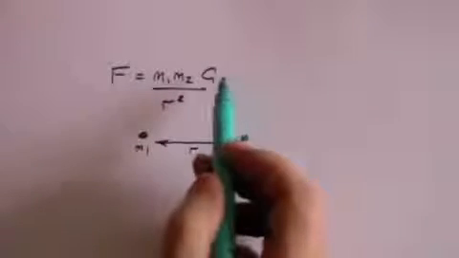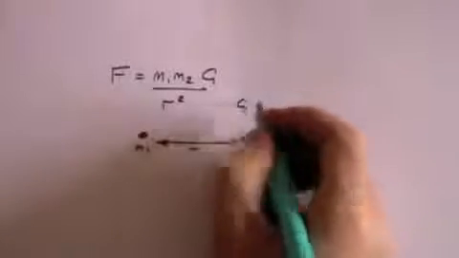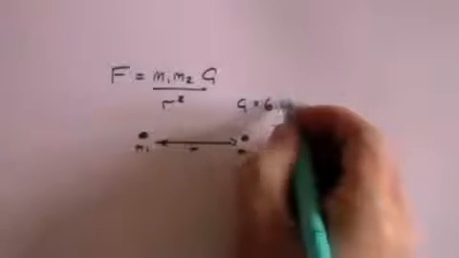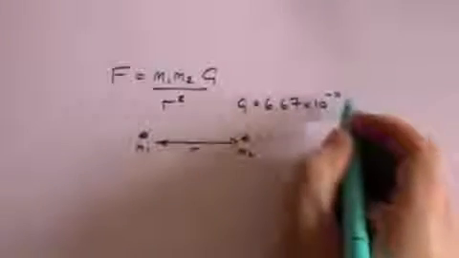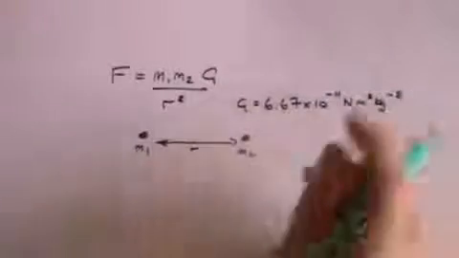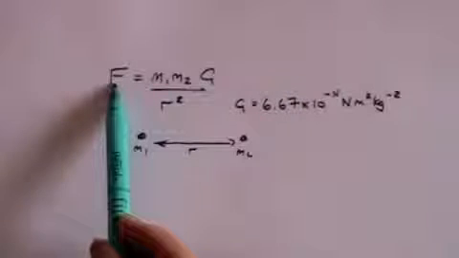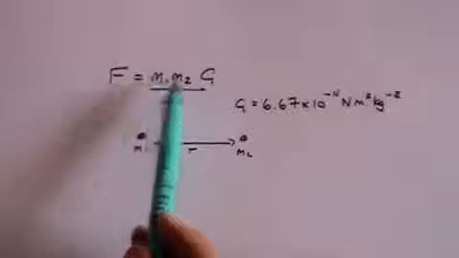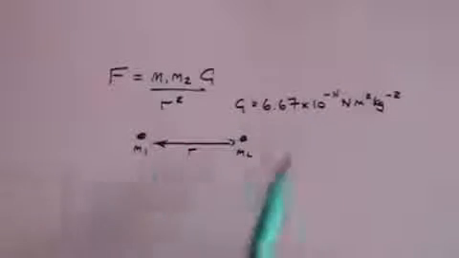Distance between them squared, times what is called Newton's gravitational constant, G. And that gravitational constant is 6.67 times 10 to the minus 11 newtons metre squared kilogram to the minus 2, which sound like rather odd units, but they are necessary in order to convert a force which is measured in newtons to masses which are measured in kilograms and distances which are measured in metres. That's the reason for this conversion factor.